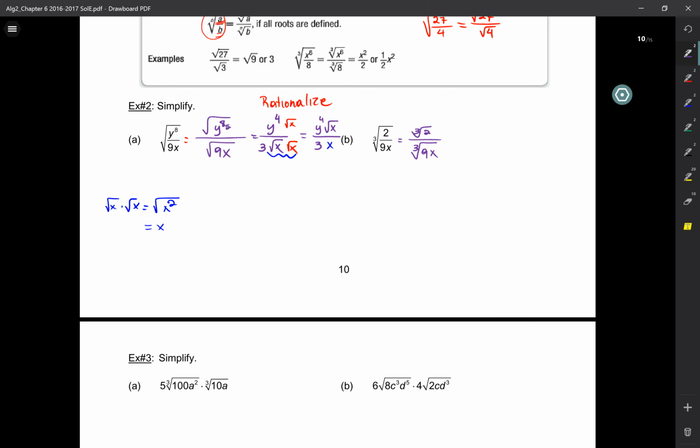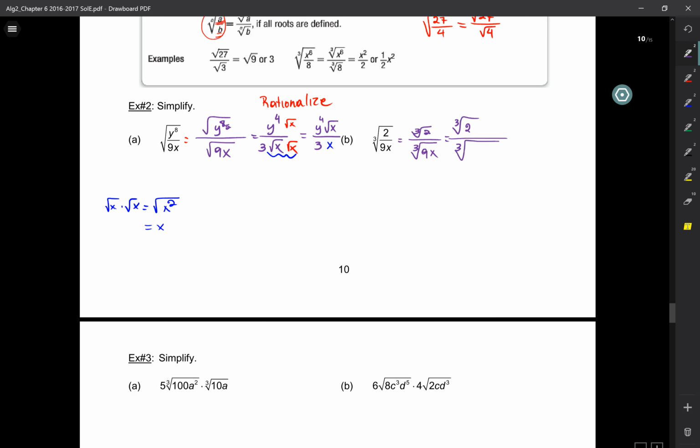No, that doesn't work because 9 is just 3 squared, and the cube root of x, I can't do anything. But now I'm left with this root in the denominator, which I don't like, right? So I need to get rid of it. Now, in order for something to come out of the cube root, how many of them should there be? 3 of them.